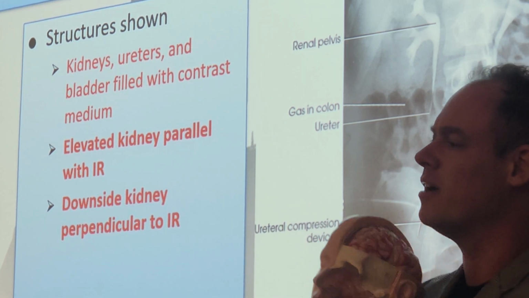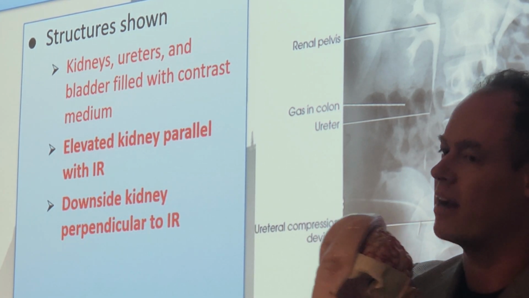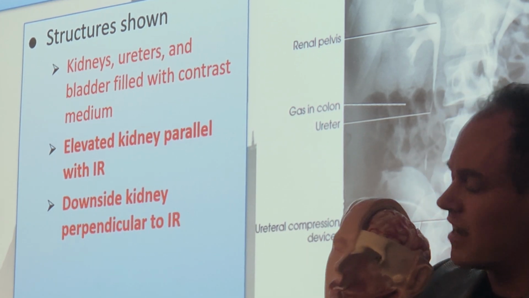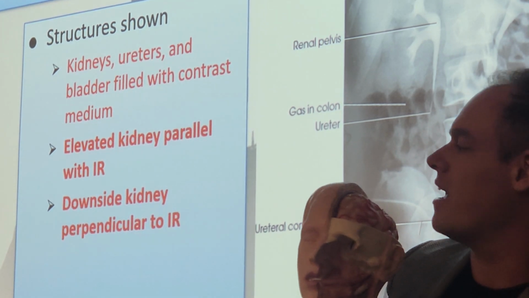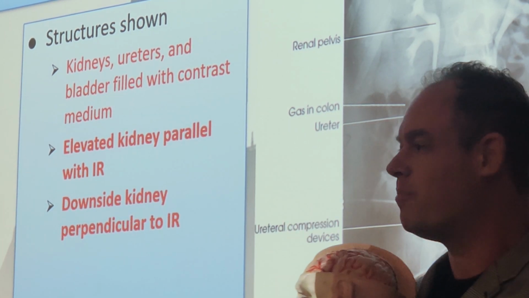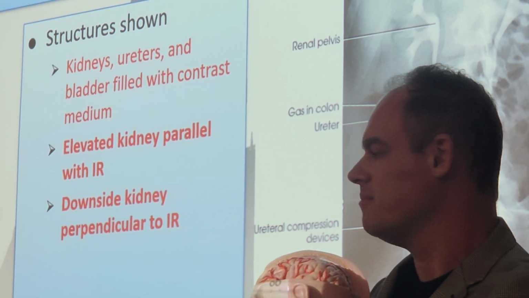But it's a little easier to remember if you think about the side touching, because the side is up in the air. Side touching is perpendicular because it's directly touching the cassette. Remember, parallel always has a space. That's the side up, creating a space between that part and the IR. So RPO, right kidney's perpendicular, left kidney's parallel. Make a little more sense like that?